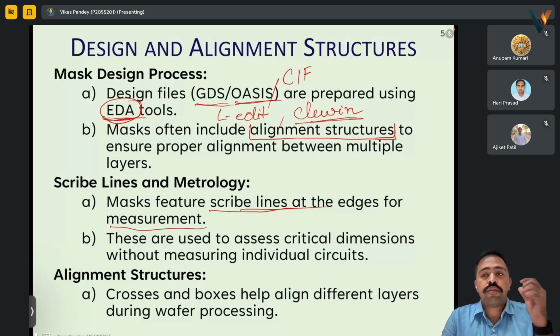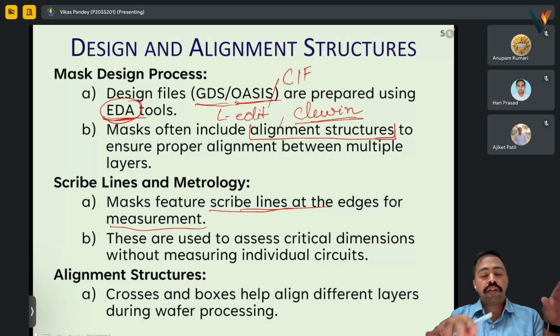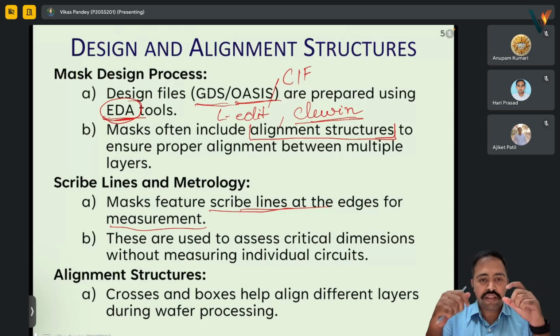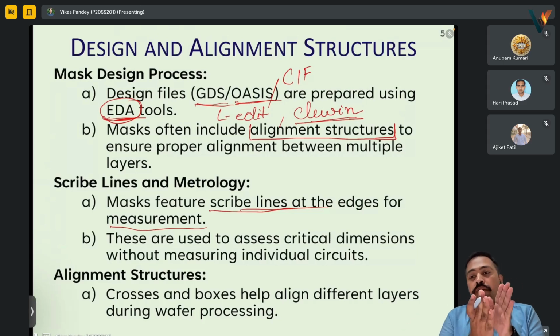We cannot check each and every circuit or each and every part after making this, so we make some critical dimensions at the edge, and if they have been reproduced perfectly or as per the requirement, then we say that it is fine. We will get what we wanted.